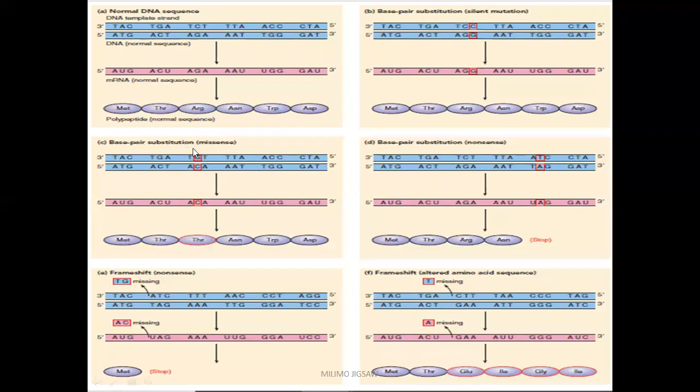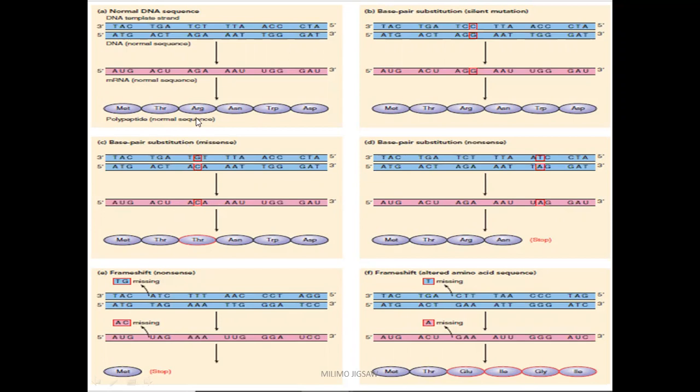Now, the missense mutation, that base substitution which has occurred, as in this case, in which we find that one amino acid has been replaced by another, is what is known as the missense.